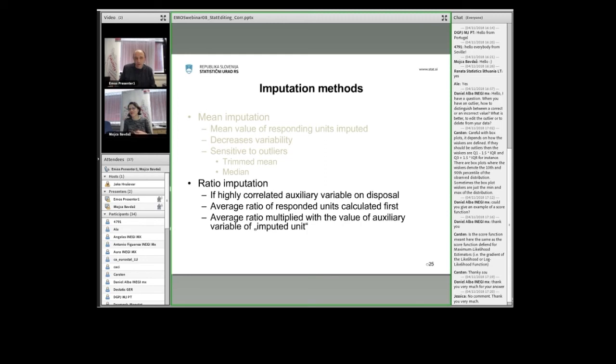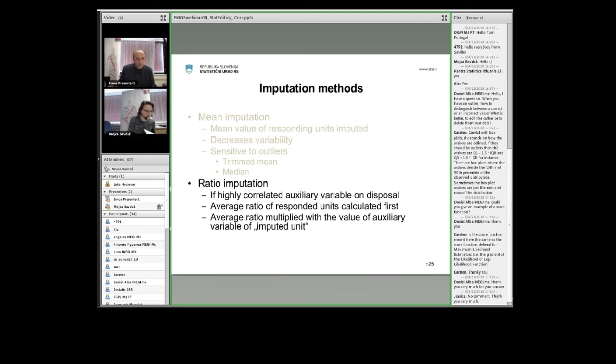When you face a missing value, you first take all the units that responded, take their turnover and their number of employees, and calculate the average turnover per employee. Then you take the unit where you want to impute the turnover, take its number of employees, and multiply these two values, and then you have the estimation, your imputed value.